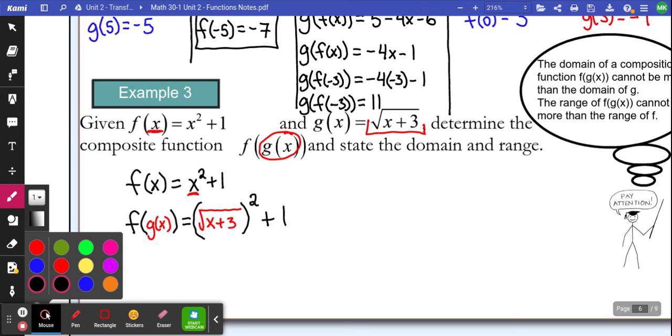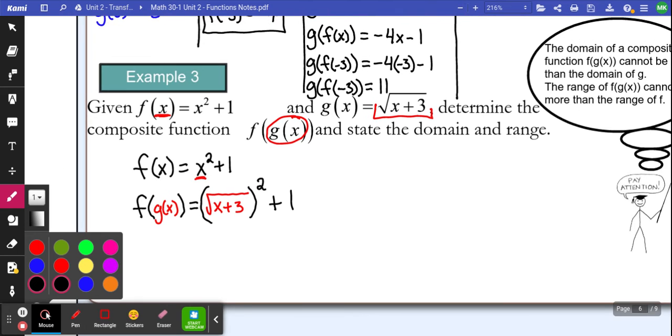You see how I've changed the x value to become the square root of x plus 3. X changed, everything else, the square, the plus 1, is all still there. That's a composite function, a function inside of a function.